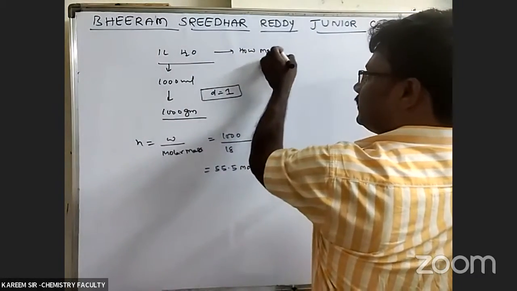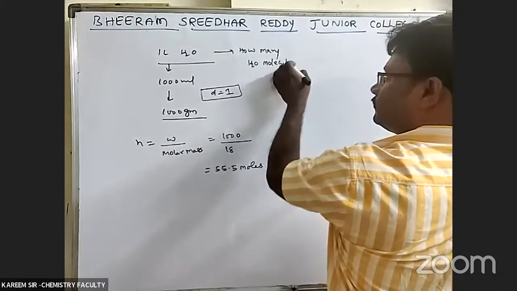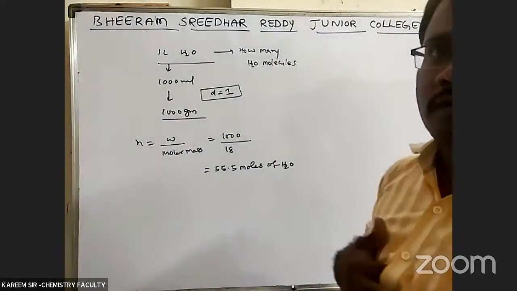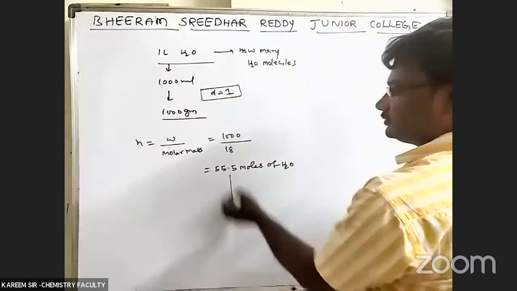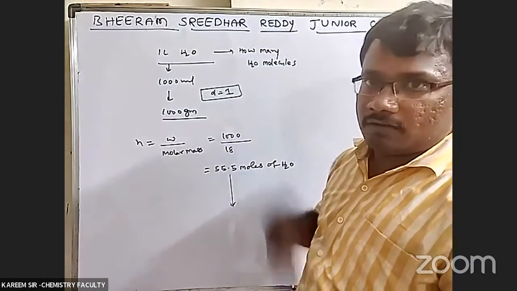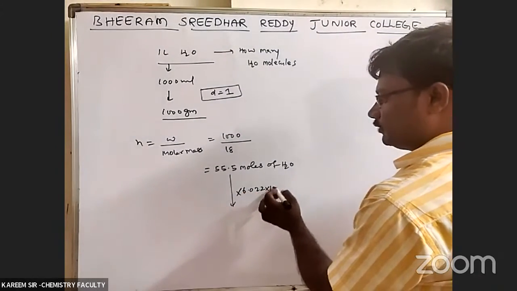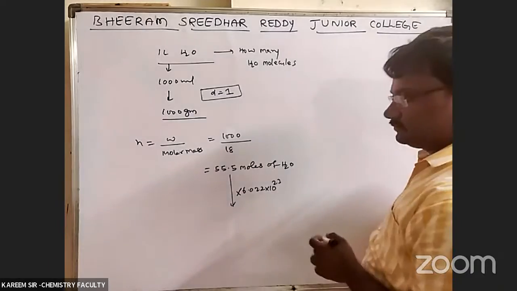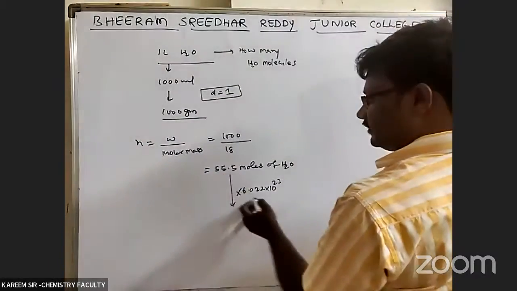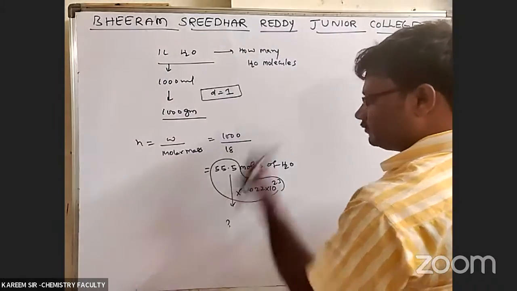I am asking how many water molecules are in 1 liter water. We have 55 moles. Then how can you convert moles? 1 mole means Avogadro number. 55 moles means 55 into 6.022 into 10 power 23. So this is the answer. If you multiply these two, you will get the value.